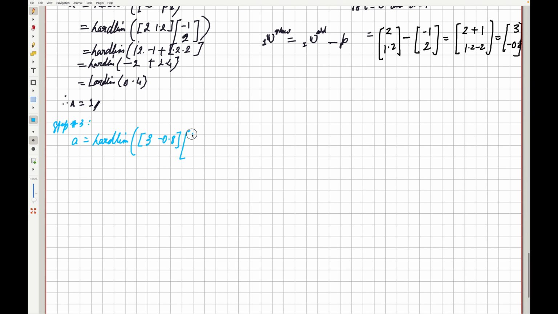So we take that 0 minus 1, and that gets us hardlim, and this is 3 times 0, which is 0, plus minus 0.8 times minus 0.1, so that essentially is plus 0.8, that is 0.8.